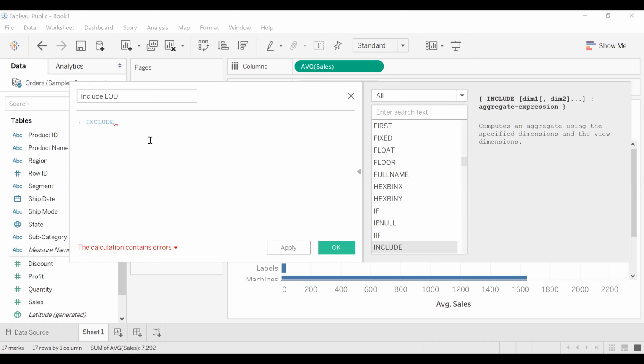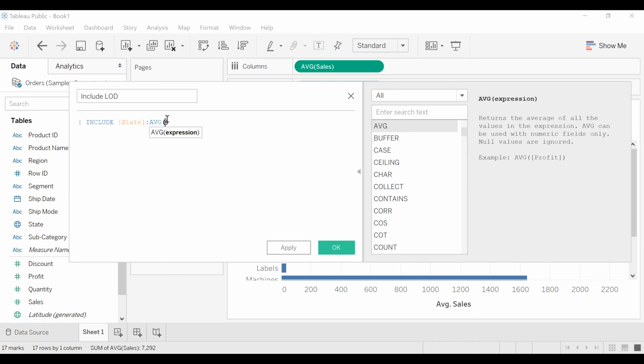Include at state level. You understand the concept, right? In the report, I don't want that state column to be visible, but I want the metric to be calculated at the state level. We know how level of detail works: it depends upon the dimensions we pull into the view.